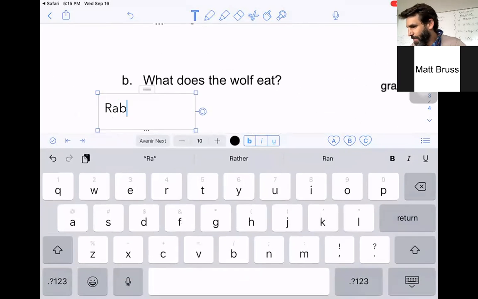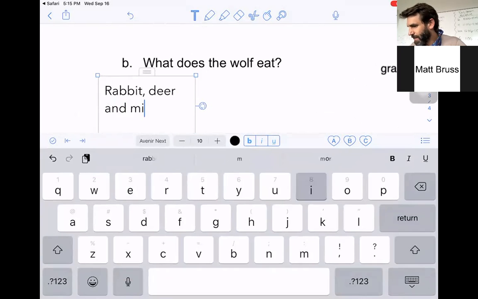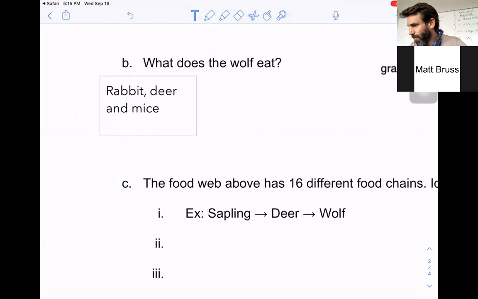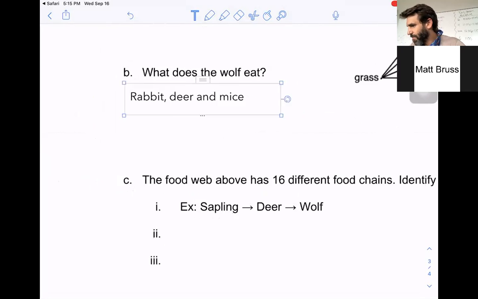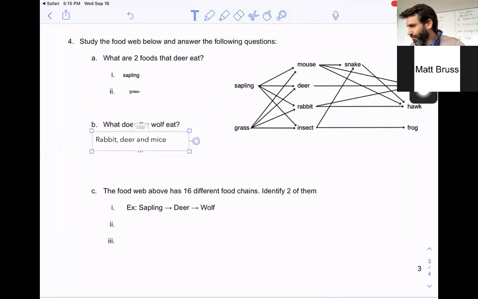So I say rabbit, comma, deer, and mice. Those are the 3 things that the wolf eats.